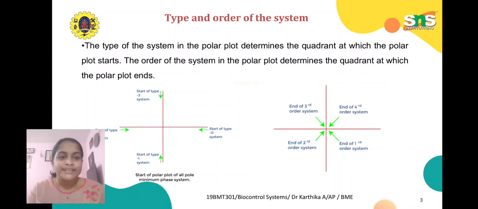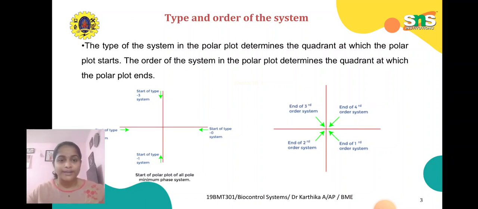See here, on the right-hand side is the start of a type 0 system, and on the upper side, going anticlockwise, we have the start of a type 3 system. On the left side is the start of a type 2 system, and we have the start of a type 1 system.